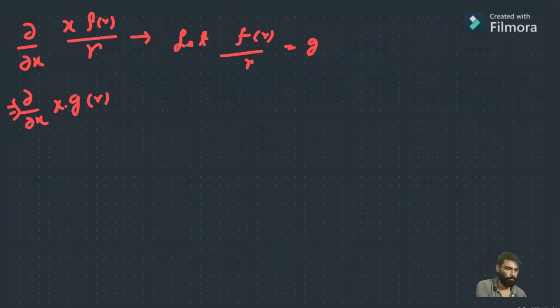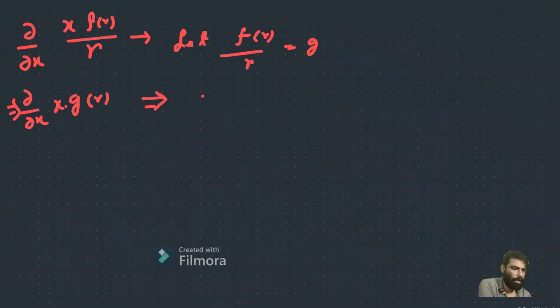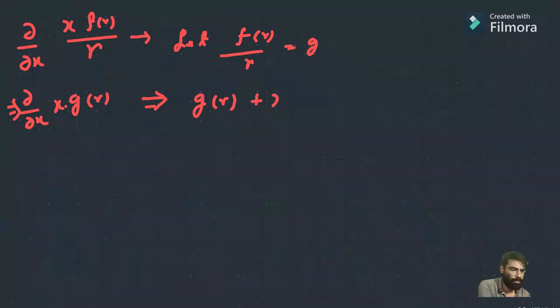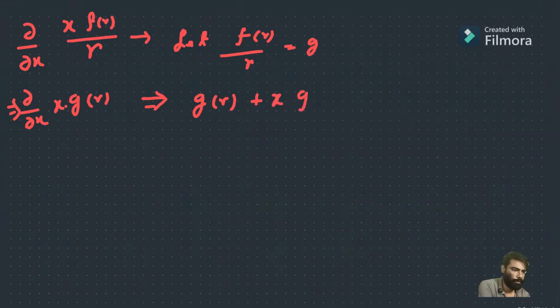Okay, that will give you g(r) plus, using the derivative product rule, x g prime(r).